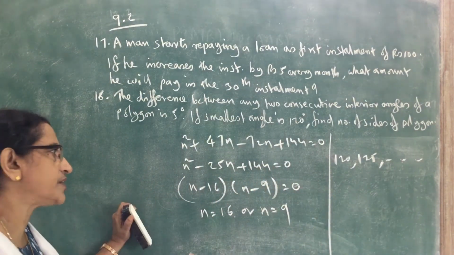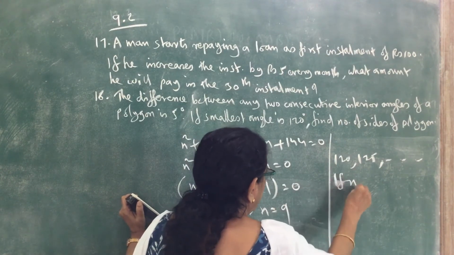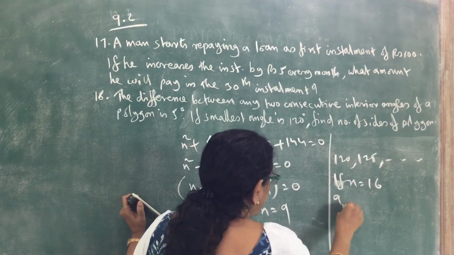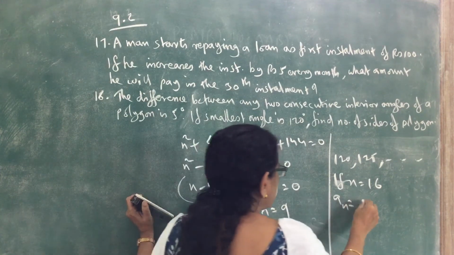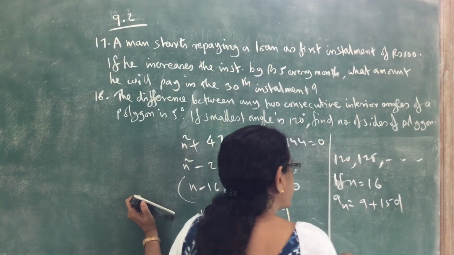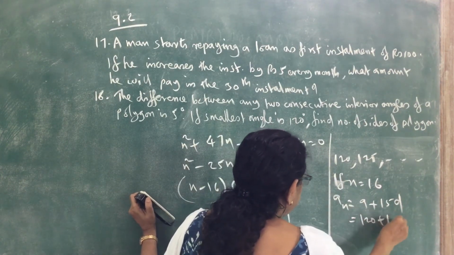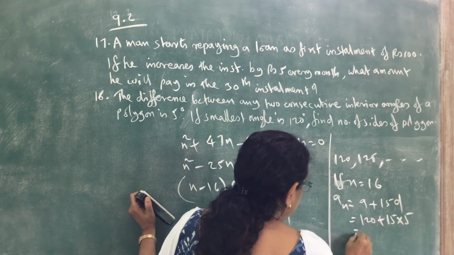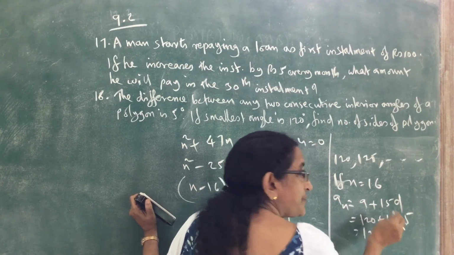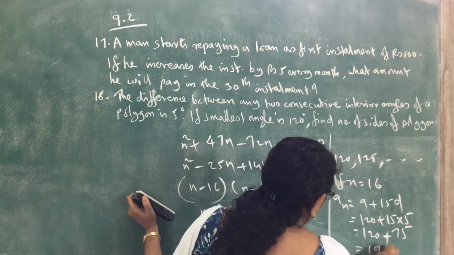If n equals 16, what is the nth term? an equals a plus 15d, that is 120 plus 15 into 5, which is 120 plus 75, equal to 195.